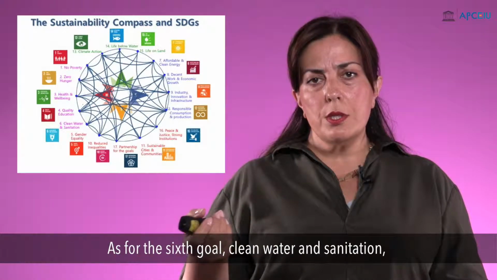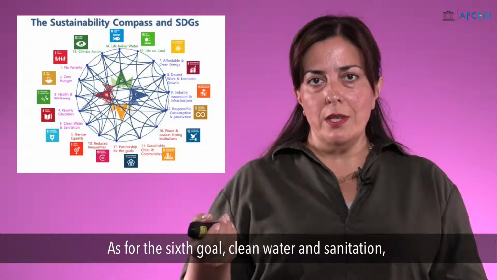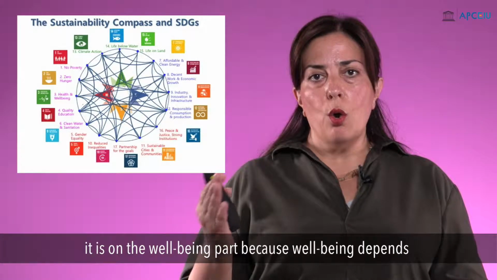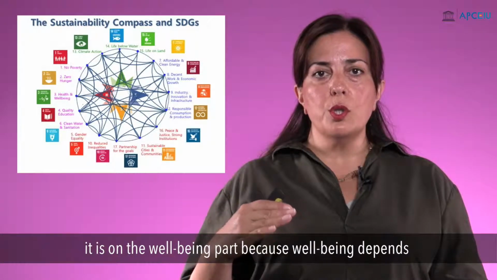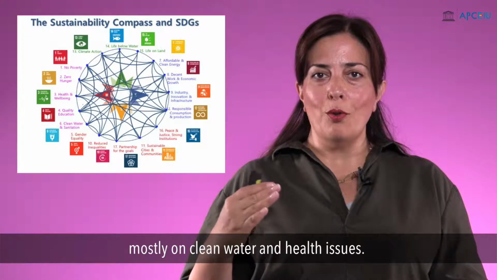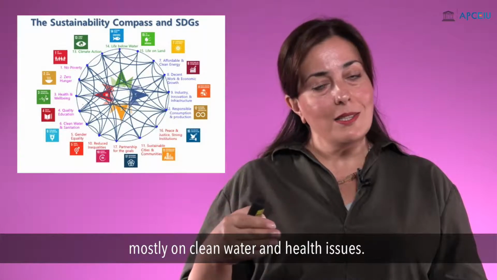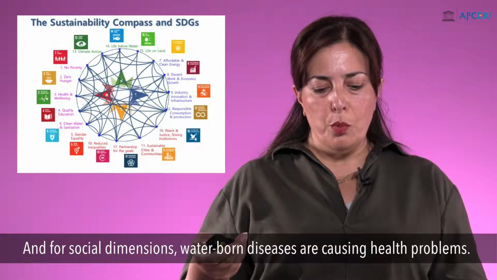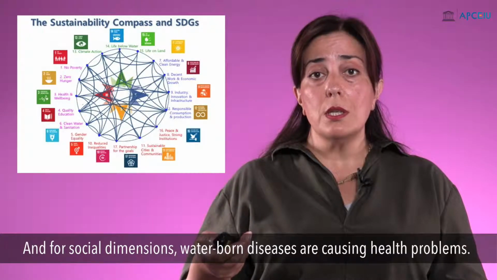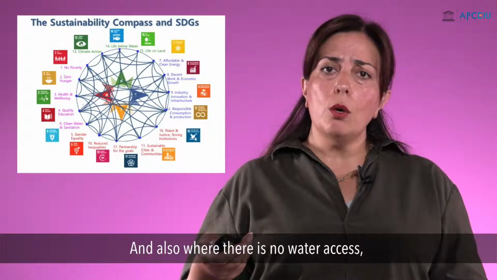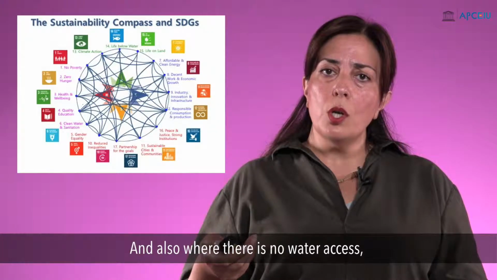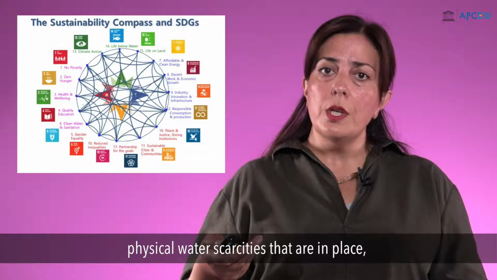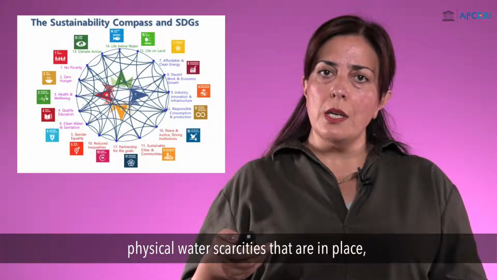As for the sixth goal, clean water and sanitation, it is on the well-being part because well-being depends mostly on clean water and health issues. For the social dimension, waterborne diseases are causing health problems, and also where there is no water access, physical water scarcity is in place.